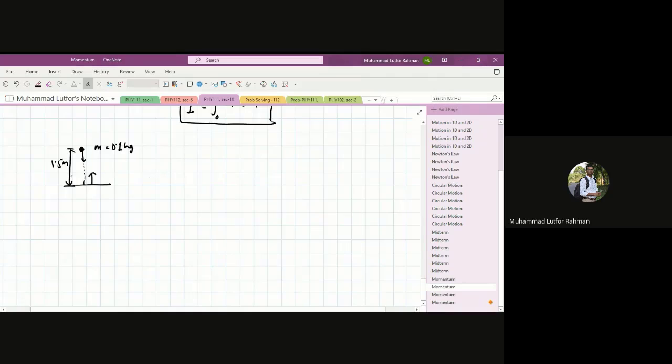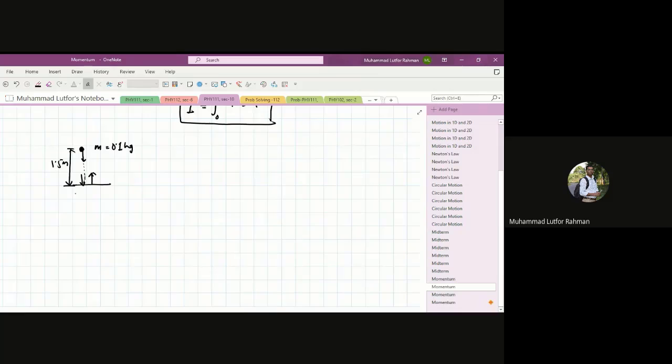So if it's an elastic collision, then whatever the speed is when it strikes, it will also bounce back at the same speed, right? I want to know what is the force acting on that system during the collision. So that means when the ball strikes the ground, what amount of force is going to be applied by the ground on the ball.